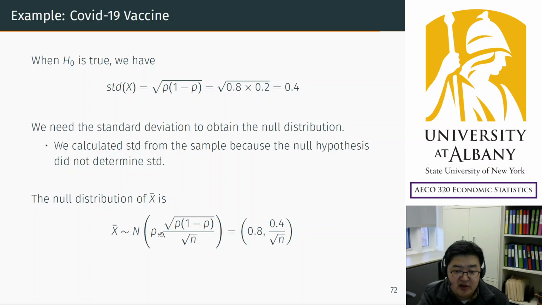Now, your belief implies a mean of 0.8, a standard deviation of 0.4, and the sample size will be given when your data realize. So far, I only used the null hypothesis and the binary distribution structure. You additionally only need the sample size to calculate the sampling distribution.